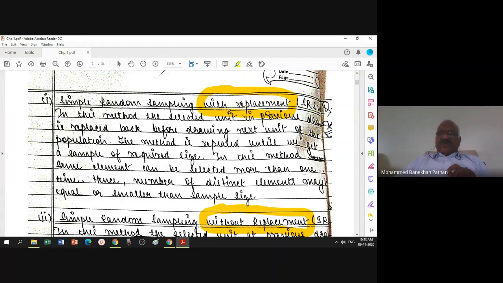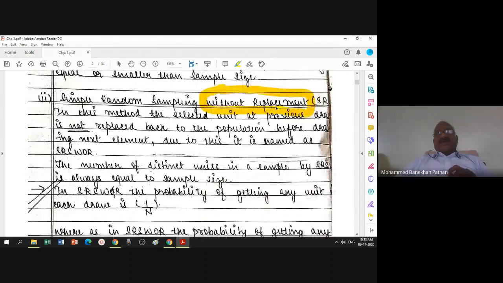Whereas without replacement, if I have a population of 1000 items, I want to pick up 20 elements without replacement. So in the first draw, I will select one item, I make a record, and after making the record, I am not putting it back, I discard it from the population. And the procedure will be repeated. So what is the basic difference between with replacement and without replacement?